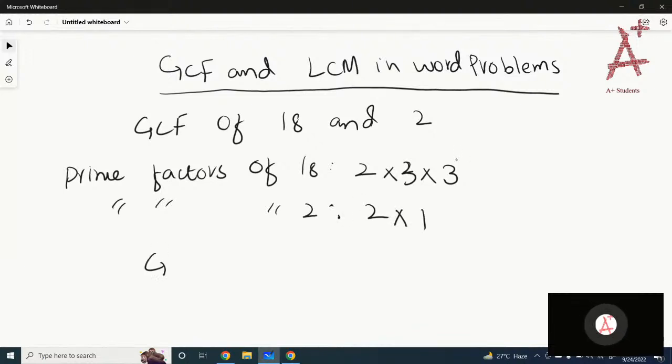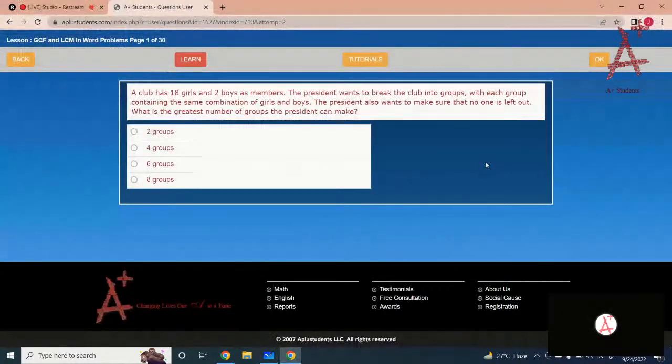So for GCF you just need to find the common multiple. So the common multiple is just the 2. So the GCF of both the numbers is 2. Got it? GCF of 18 and 2 is 2. So that means the president can make 2 groups. Got it? So select the correct option and click on the OK button.